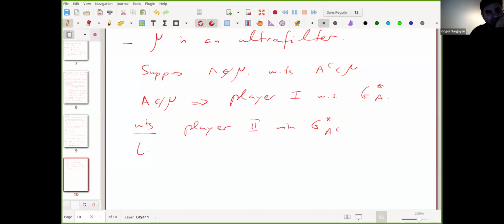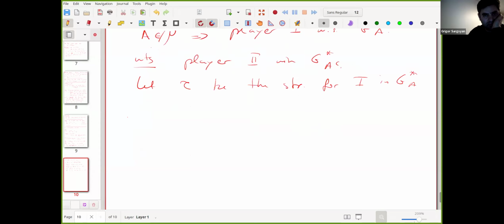Let's call the strategy for one in G star A sigma. So what do we have to do? Two wants to pretend to be one. Okay, so one starts out with E0.